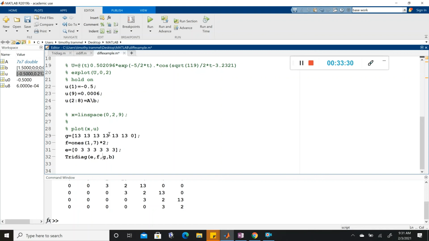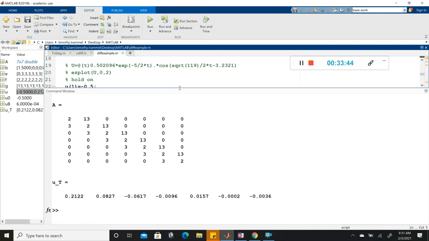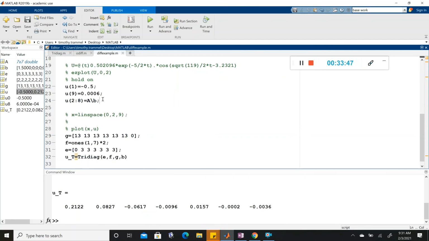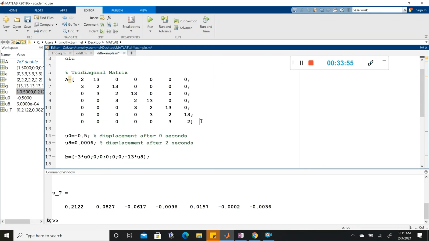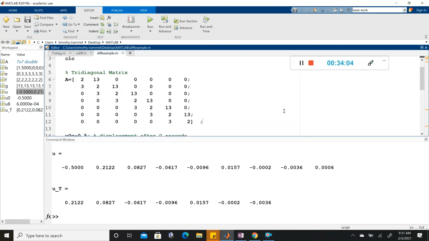And so we called the first one U. Let's maybe call this one U sub T for tridiag. And let me make sure that it actually outputs our other one as well so we can compare these results. I had A being displayed and I don't want to see that anymore. Uh-oh, these are looking different, aren't they?